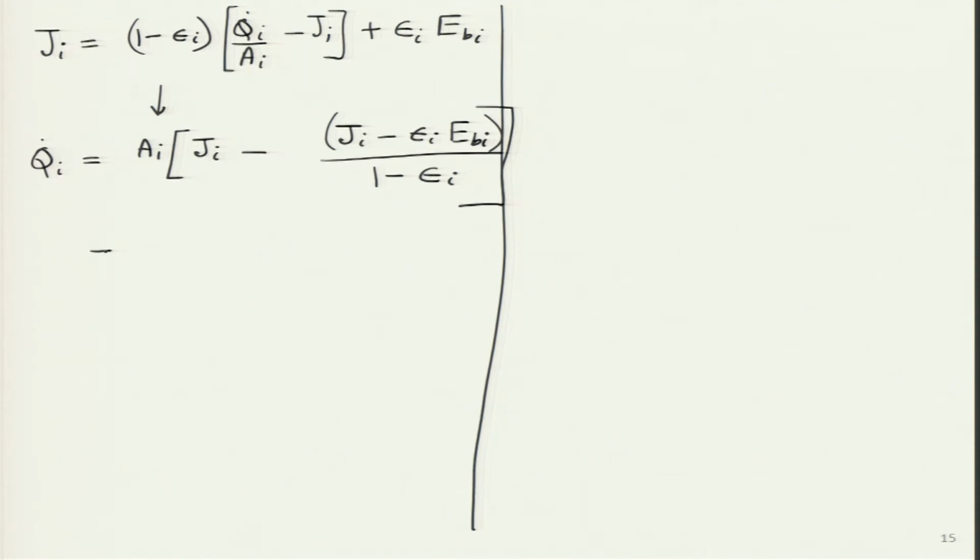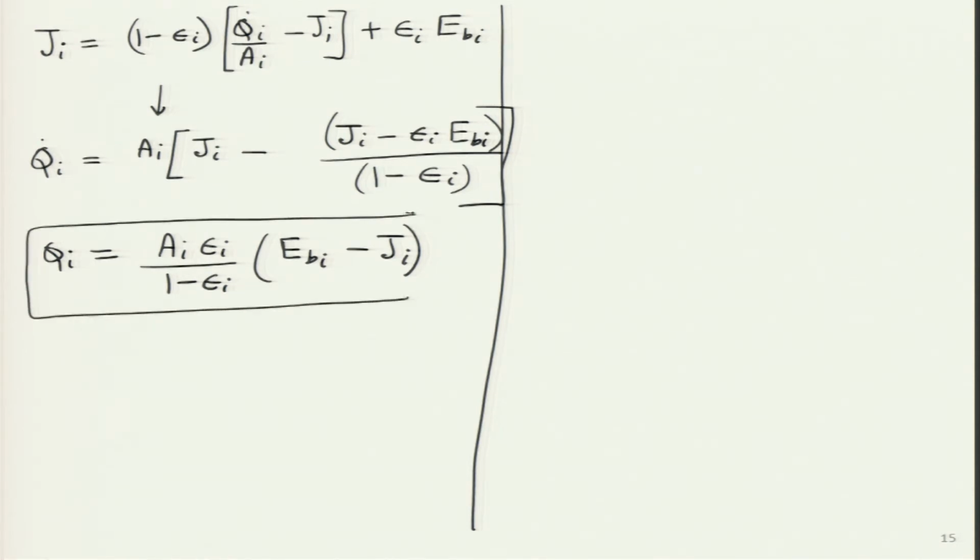I can further simplify this, because some of these terms may get cancelled. I can see a 1 minus epsilon I multiplying with J I getting cancelled, and what I will obtain is the expression A I epsilon I divided by 1 minus epsilon I. This will be outside the bracket, and in the bracket we will have two simple terms, E B I minus J I. So, I will put a black star over here, and this is the final value that we have obtained.